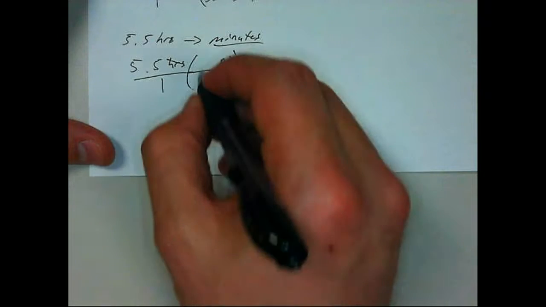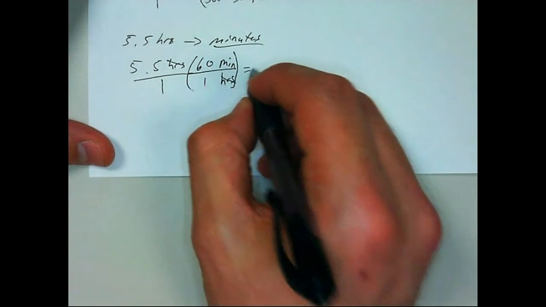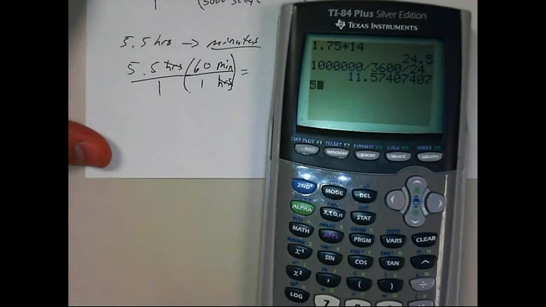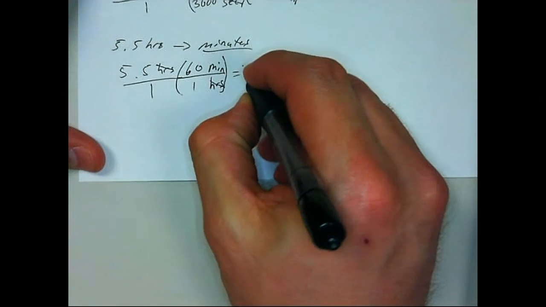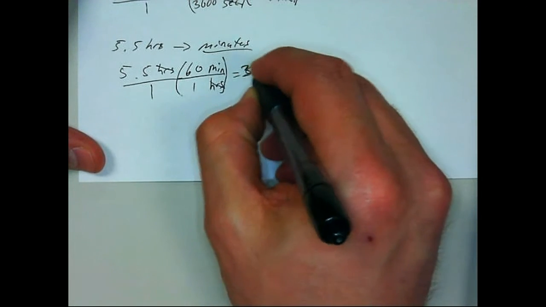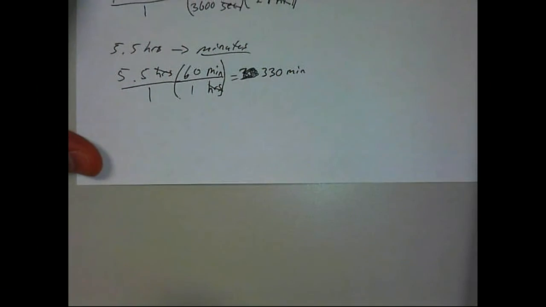I can make this conversion factor: 60 minutes in 1 hour. And now we're done because minutes is what we wanted. We get 5.5 times 60. You get 330. So 5.5 hours is 330 minutes.